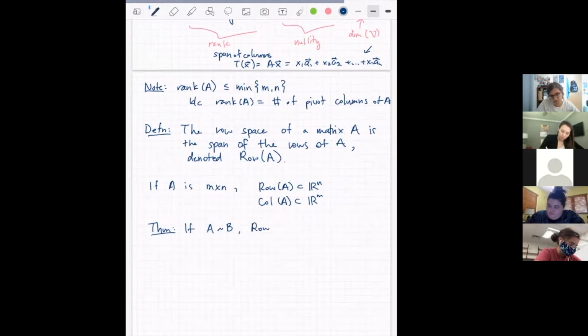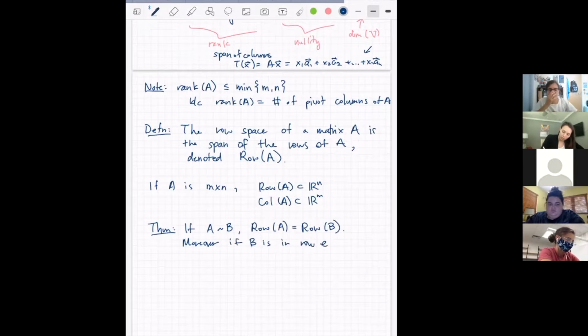So the row space of A is equal to the row space of B. Moreover, if B is in row echelon form, then the non-zero rows of B form a basis for the row space.